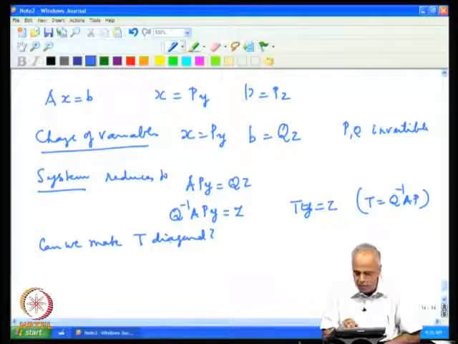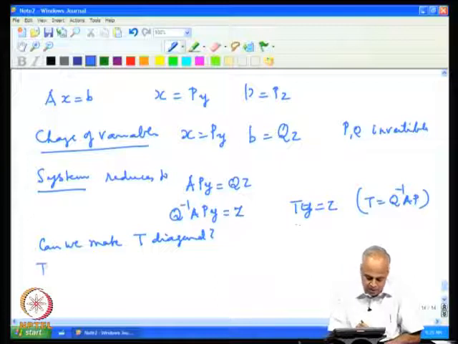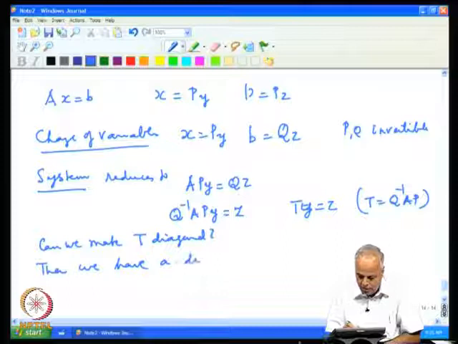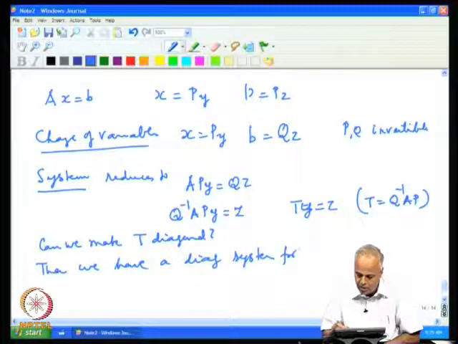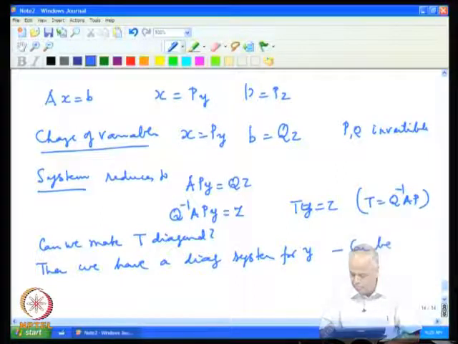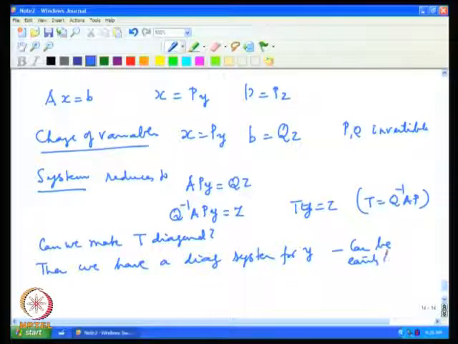And if by chance we can find a Q and a P such that Q inverse AP is diagonal, then we have a diagonal system for y and therefore can be easily handled. And once we have handled it, we have naturally got x because x is equal to Py.